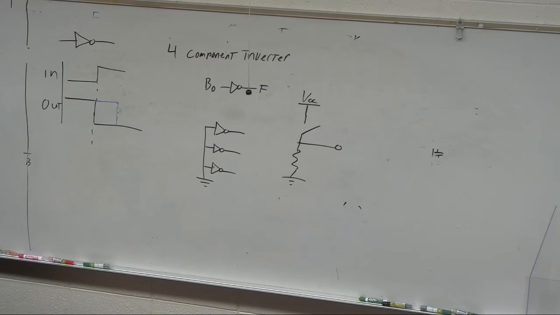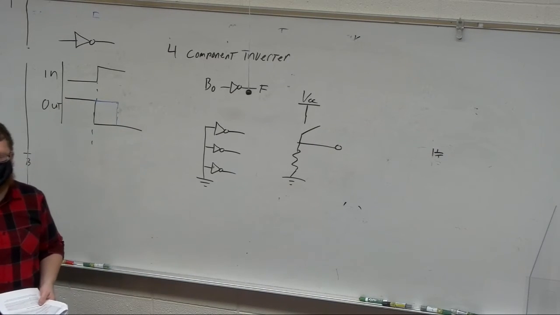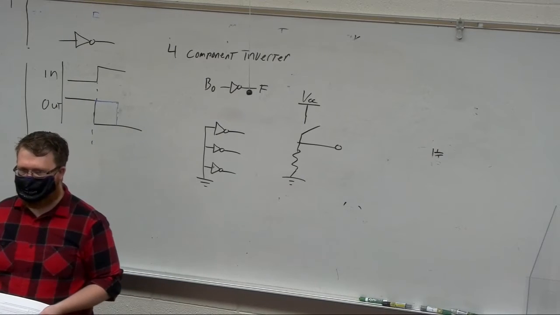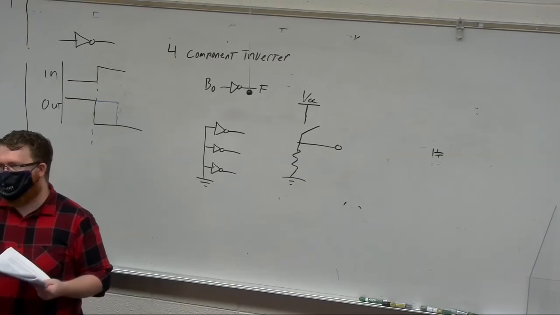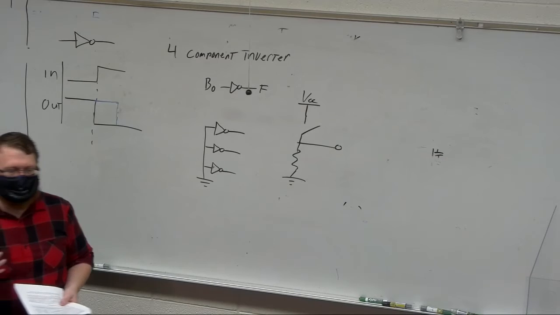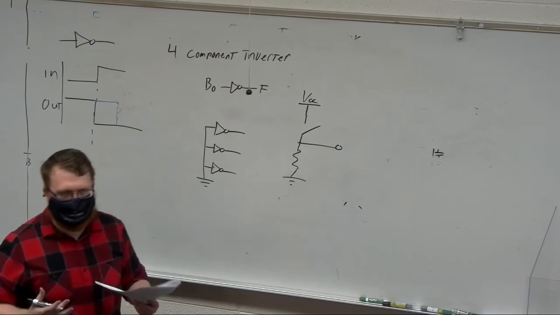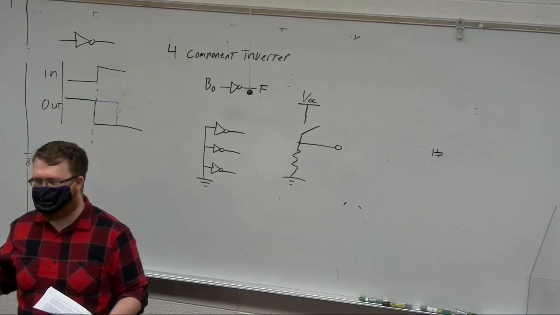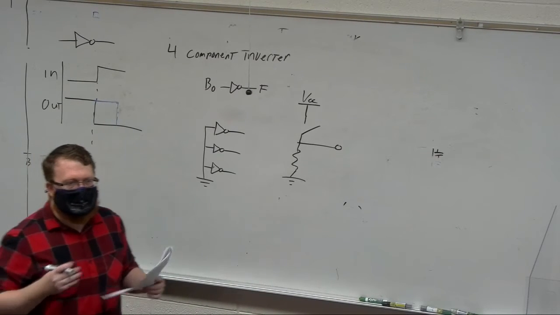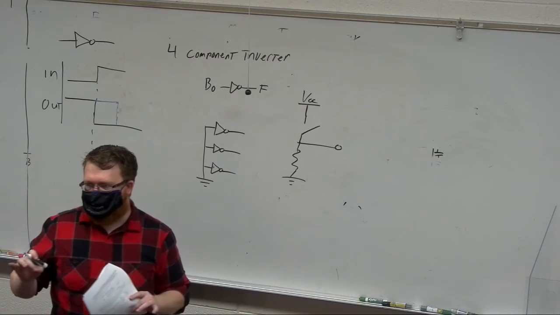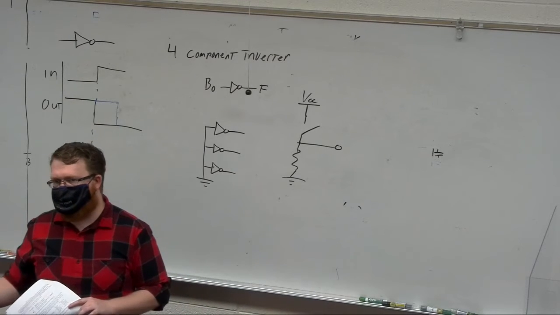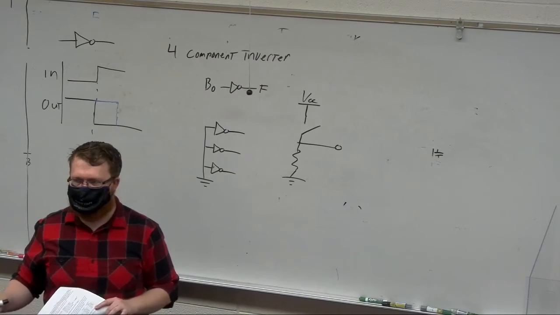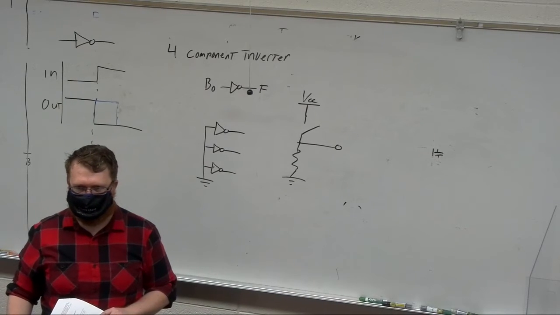So we've talked about propagation delay, and previously we've talked about simplifying logic, right? So the thing is, there is this conflict between logic simplification and propagation delay, where the simplest logic expression may not be the logic expression with the lowest propagation delay.